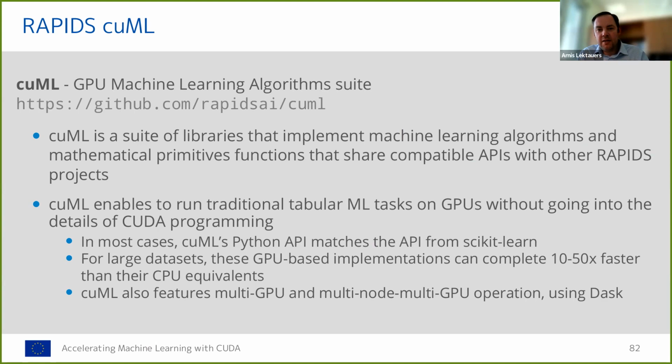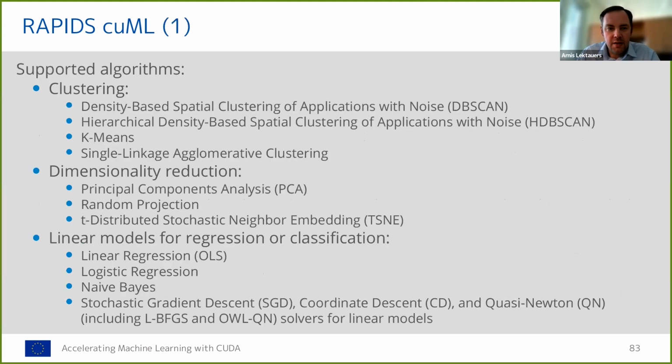Every function there is supported by CUDA, accelerated by CUDA, providing different machine learning functions, including clustering, for example, k-means, dimensional reduction functions, also linear models of regression or classification.